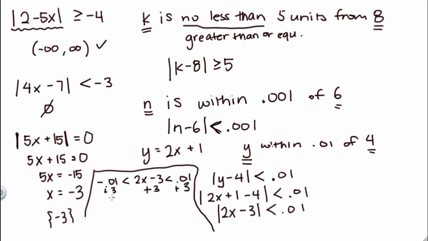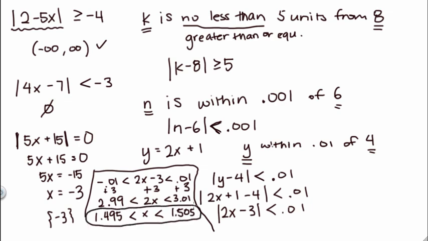So we get 2.99 here, we get 2x in the middle, and then we get 3.01. And then we divide by 2. So we get 1.495 less than x, which is less than 1.505. So that's your final answer. If x is between 1.495 and 1.505, then y will be within 0.01 of 4.